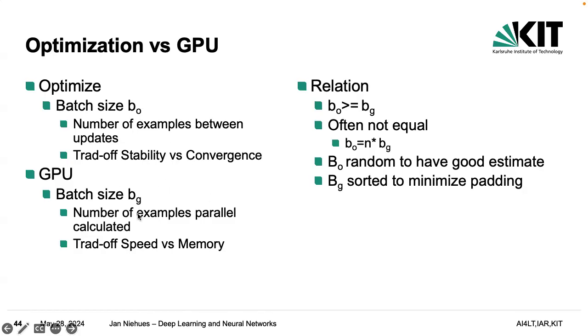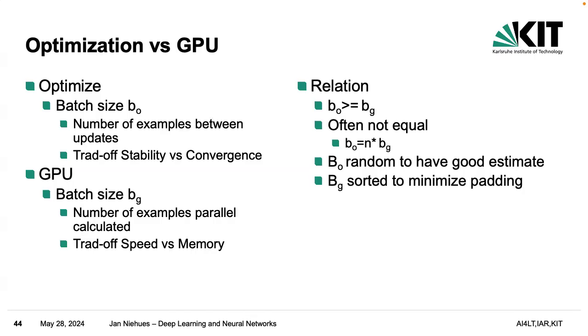The problem is that for the batch size of the GPU, it's different. You want to have them as similar as possible, because then you can do the calculation the same way. If you remember, in GPUs we have to do all the same calculations for all the inputs. So if we now have a sentence of length 2 and another of length 100, how can we do batch processing?